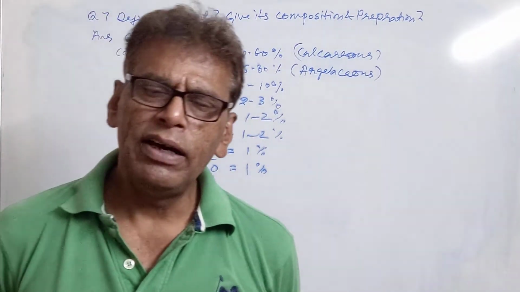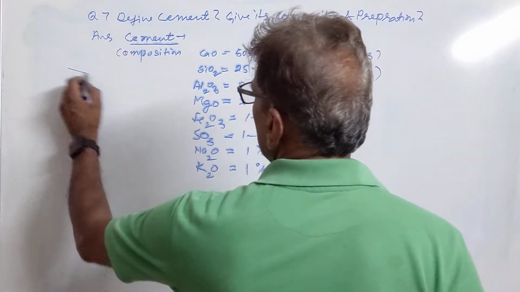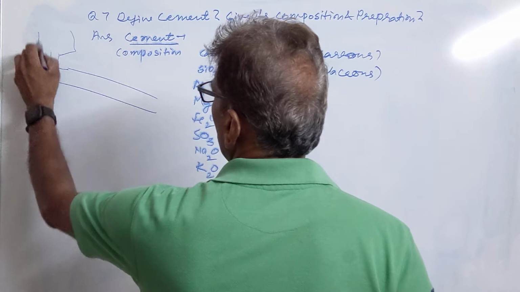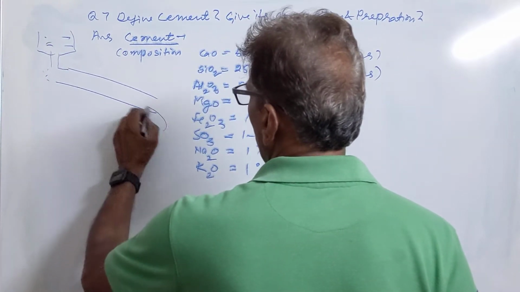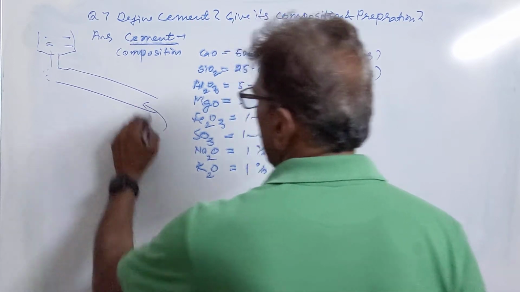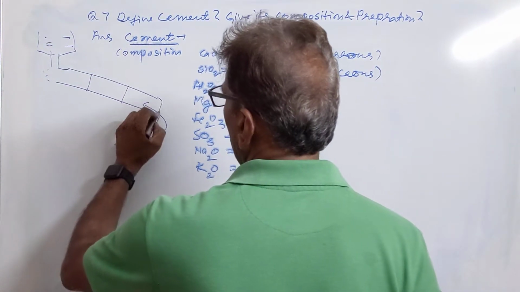Now when the slurry moves down, the kiln is like this. From the top the materials are added, and from the bottom the hot gases are passed. The kiln has 3 parts, the upper part, middle part and lower part.